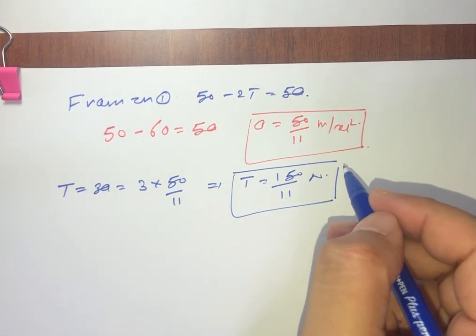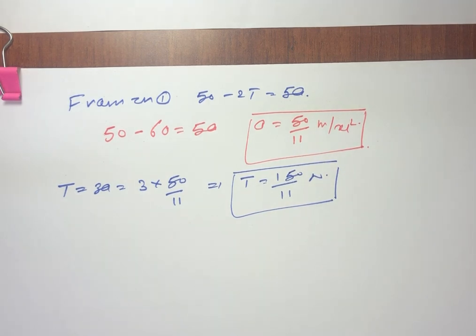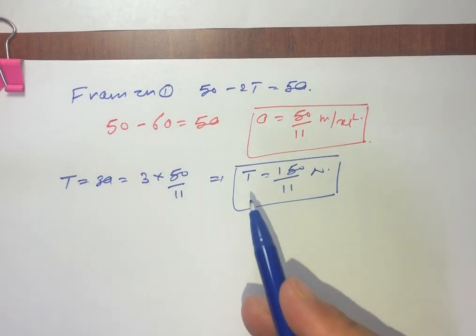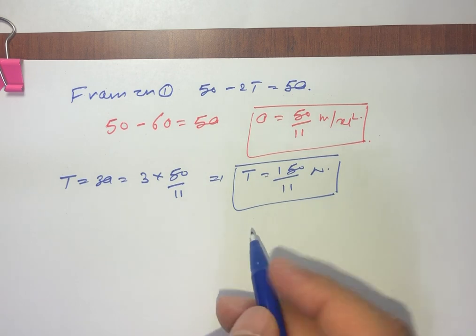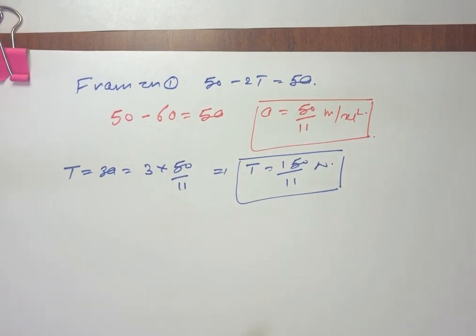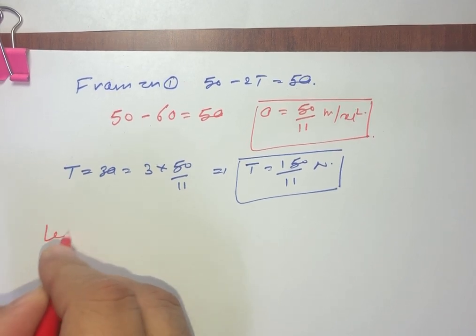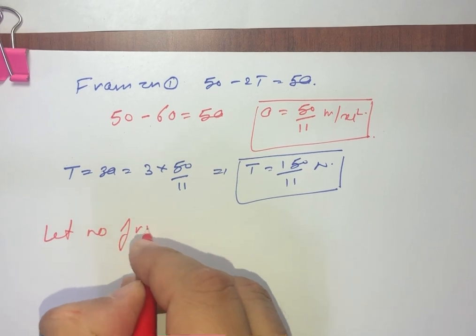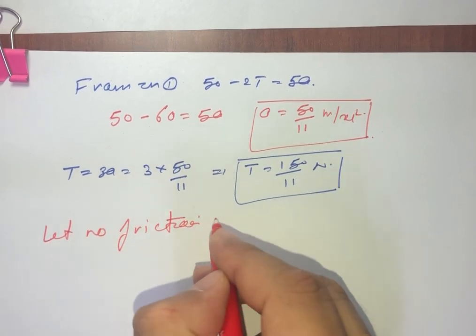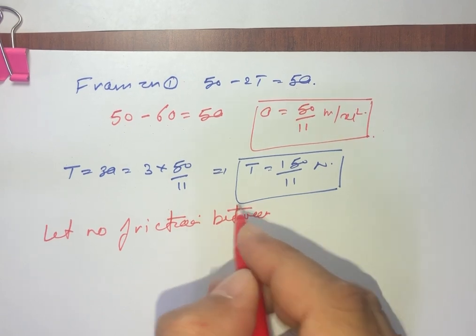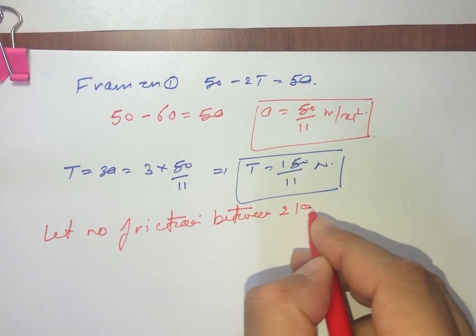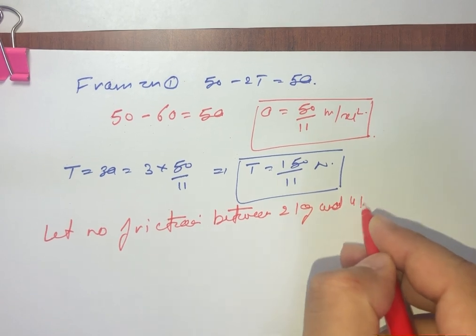Let us see whether these values will be possible or not. First of all, we find out for the 2 kg and 4 kg blocks. We assume there is no friction between the 2 kg and 4 kg block.